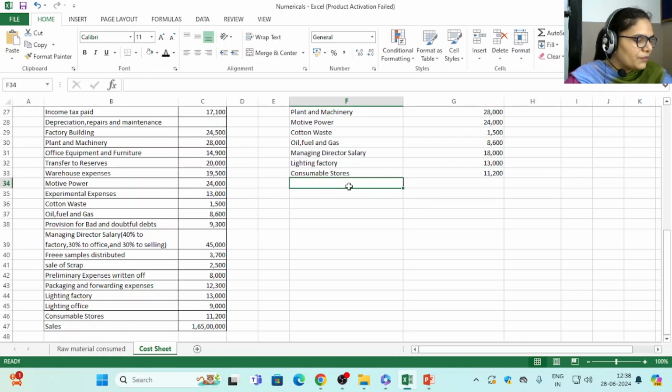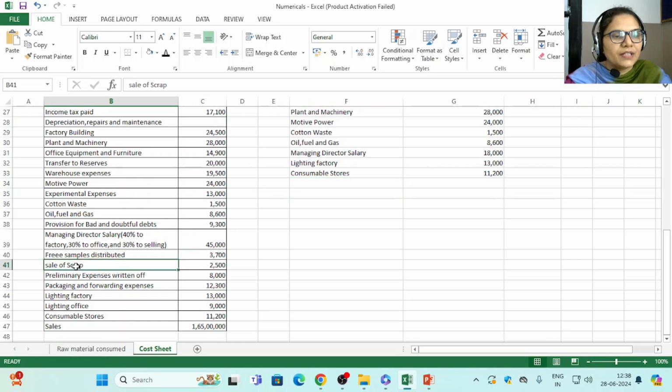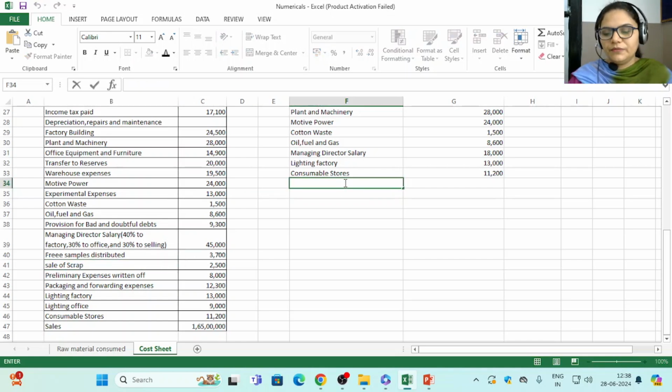Now I think we have covered all the things related to the factory. No, we have not covered everything. We are left with the sale of scrap.